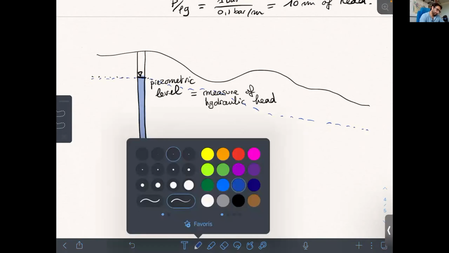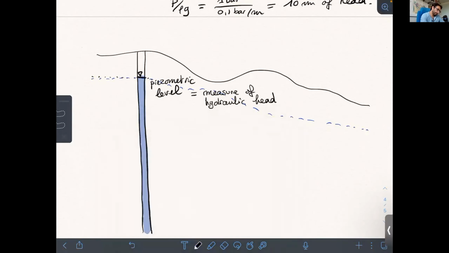Okay, so again here, if I measure pressure just by a pressure sensor at the bottom, at this point I will have a high pressure because of all this water column.